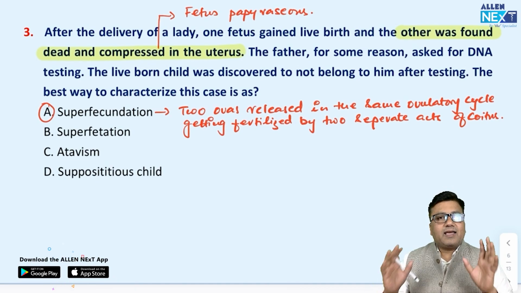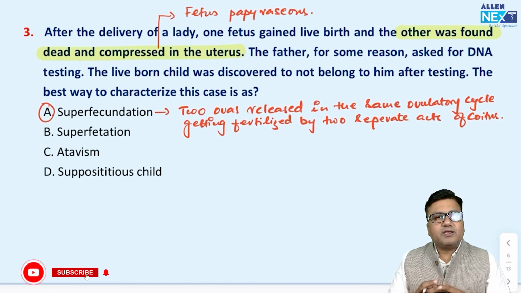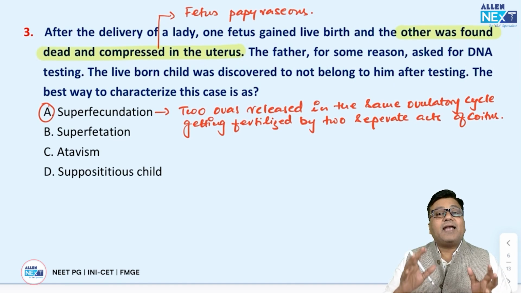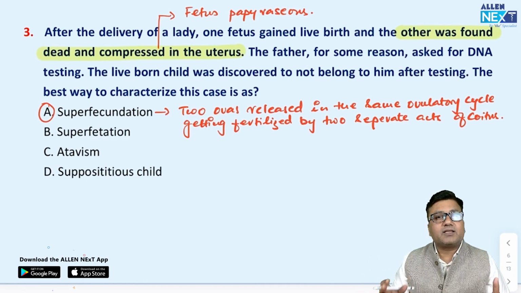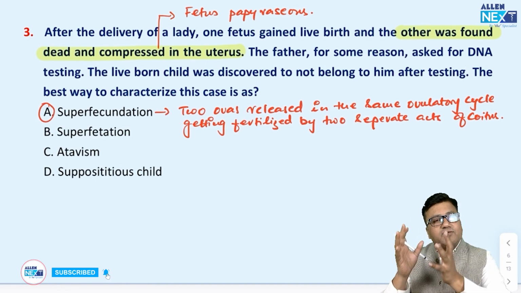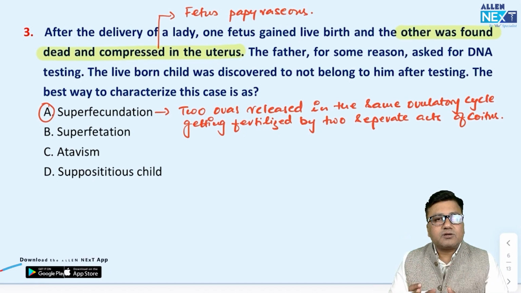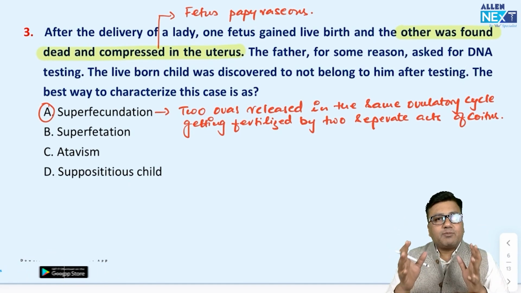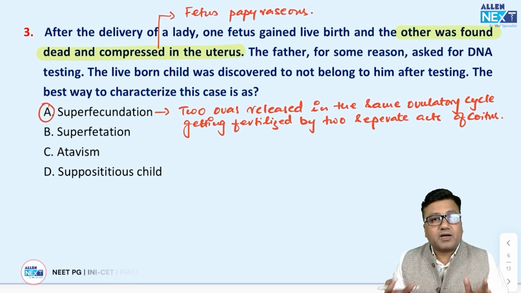Okay, and as a result, two separate binovular twins grow in the uterus. Both can grow differently, and different deliveries can happen, which may be separated by 1 to 3 months. So examples are there. So there is already a fetus present in the uterine cavity. Within the first trimester, another ova is getting released. Even that ova is getting fertilized, and two fetuses grow, and two separate deliveries, which can be distant from each other 1 to 3 months apart, can happen.